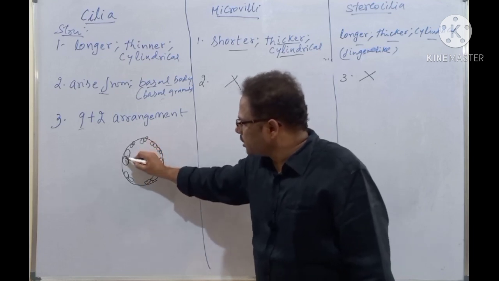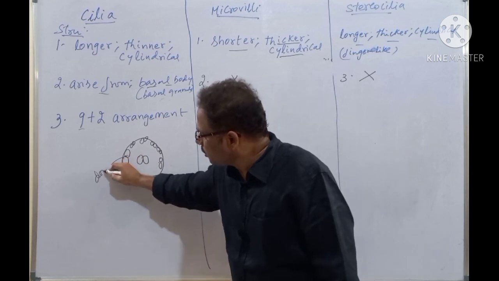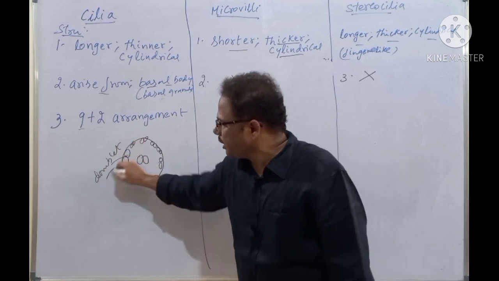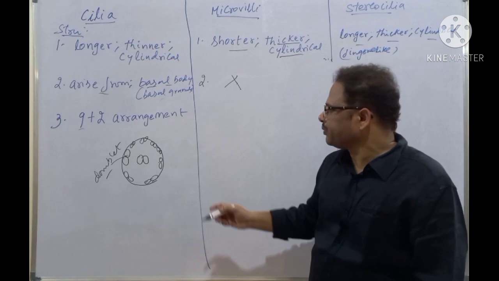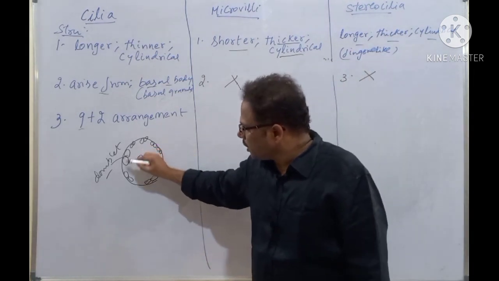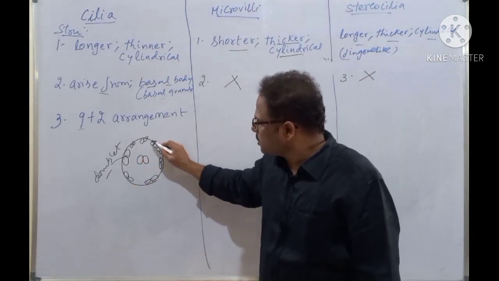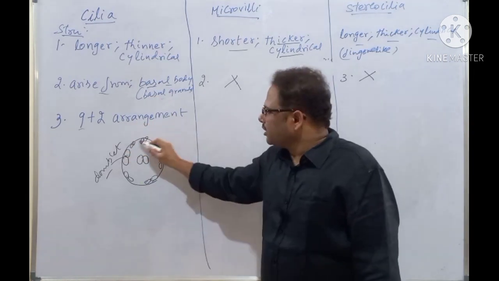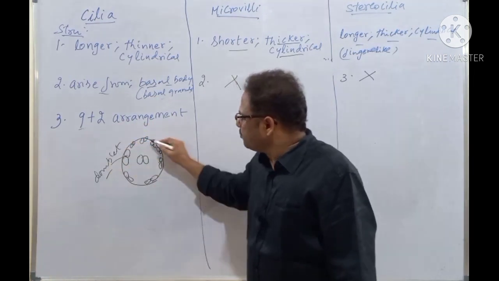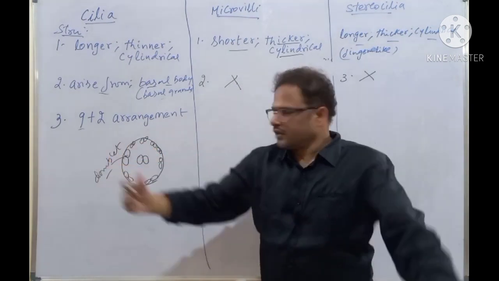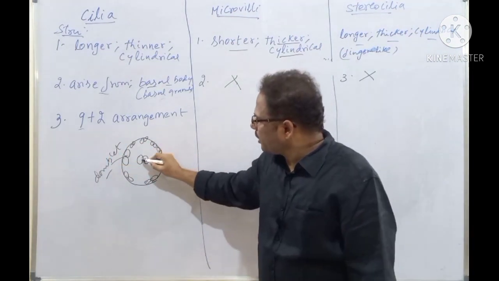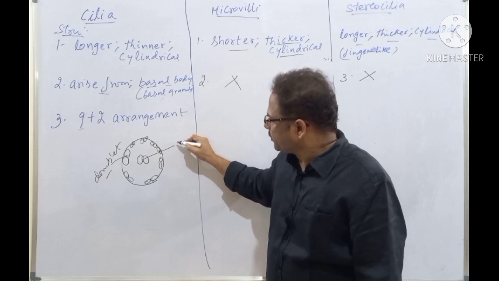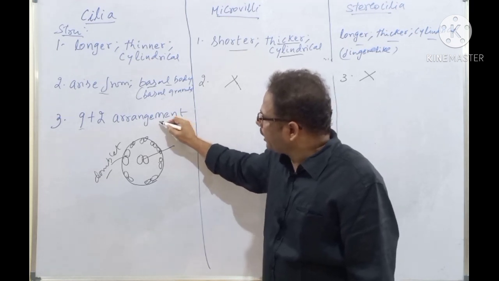This is a doublet. Doublet means 2 are there; singlet means only single. So these are the doublets: 1, 2, 3, 4, 5, 6, 7, 8 and 9. Just imagine it is there. And 9 peripheral ones, peripheral meaning corners, and the central one. How many are there in the center? 2 are there. All these are the microtubules.